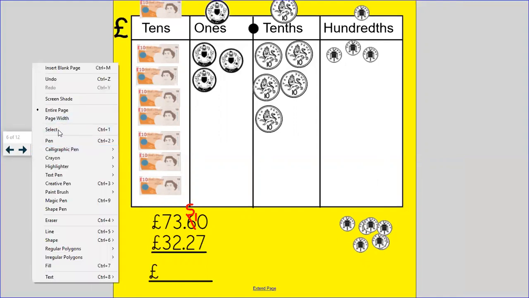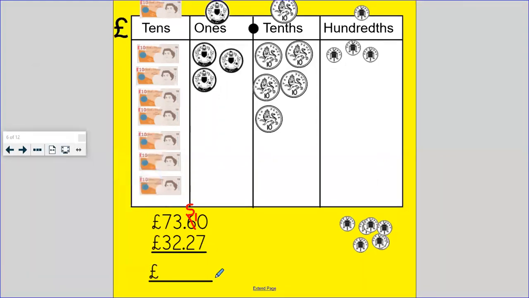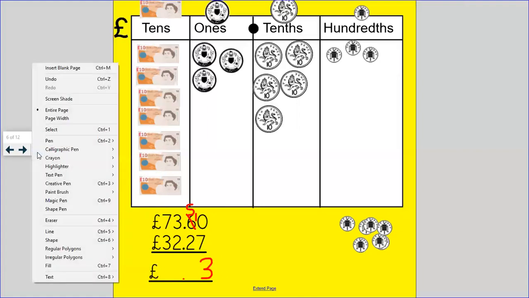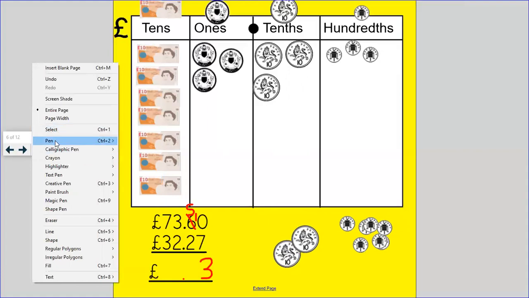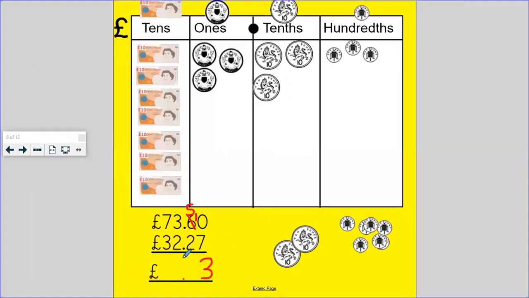And as you can see, I've got 3 left, which we could have done in our column subtraction down here. 10 take away 7 equals 3. Now we're on to the tenths column, or the 10p column. I want to take away 2 of those 10p's, 1, 2, and I'm left with 1, 2, 3 tenths, or 3 10-pence pieces.